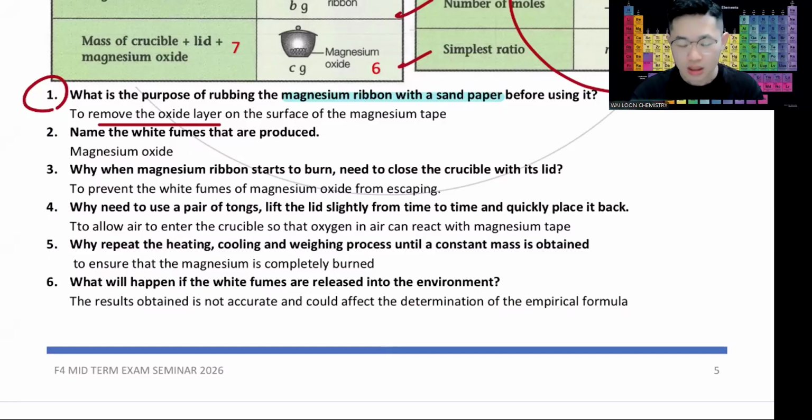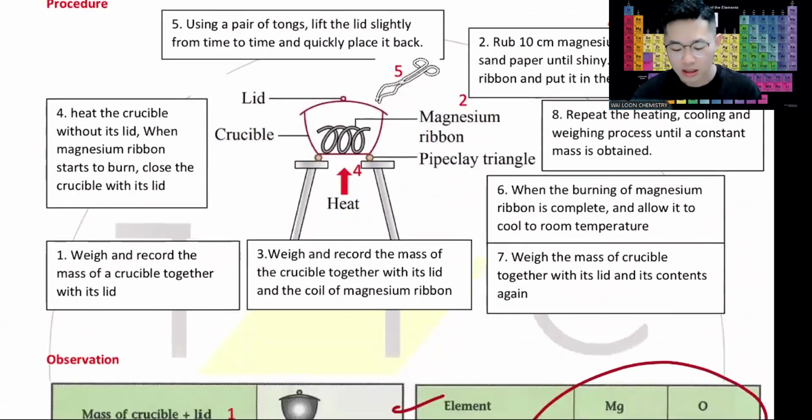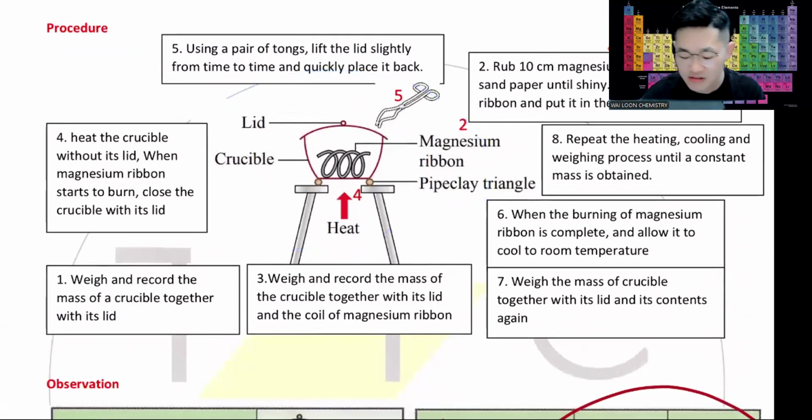When the magnesium starts burning, it produces white fumes. The white fumes produced in the experiment are actually magnesium oxide. The difference between this experiment and the CuO experiment is that this is the experiment for reactive metal.